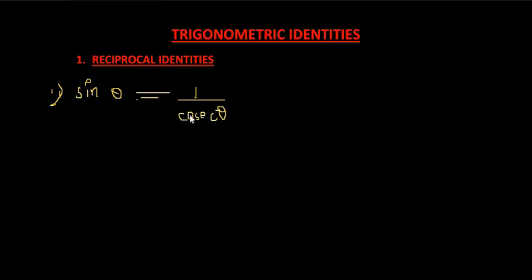In some books, instead of writing cosec, they write CSC, so you can use CSC or cosec, both are the same. Now, if in some examples cosec theta is given, then obviously its reciprocal is 1 over sine theta. So this is the first pair you have to remember.